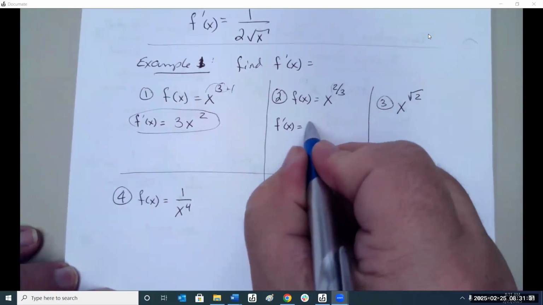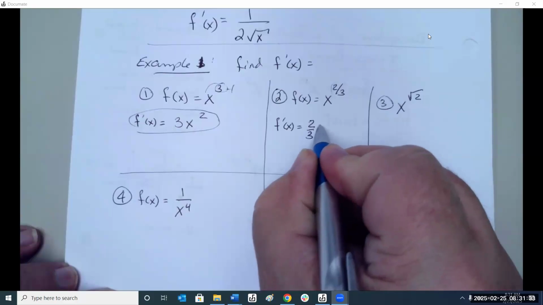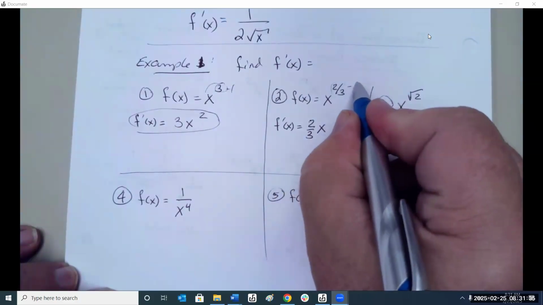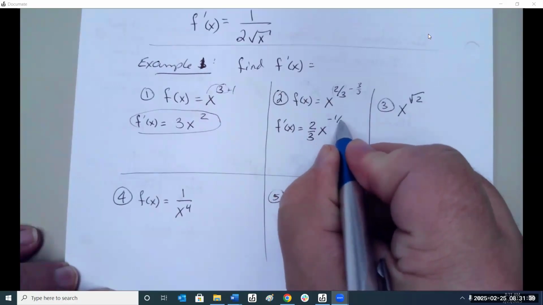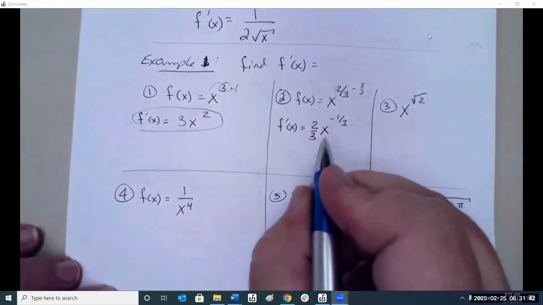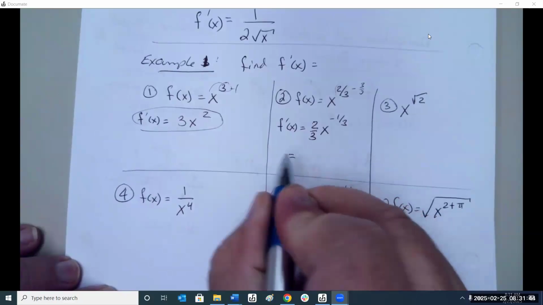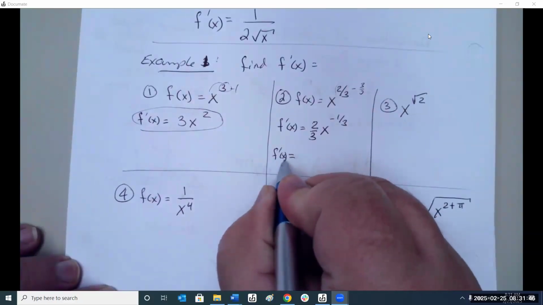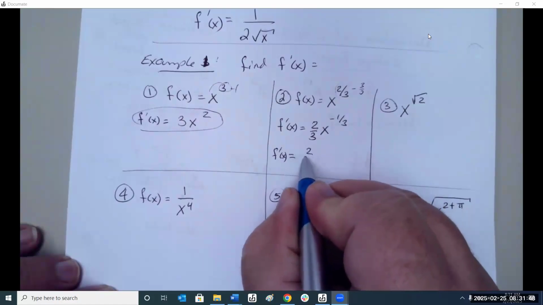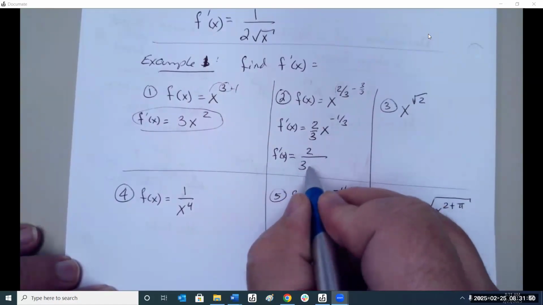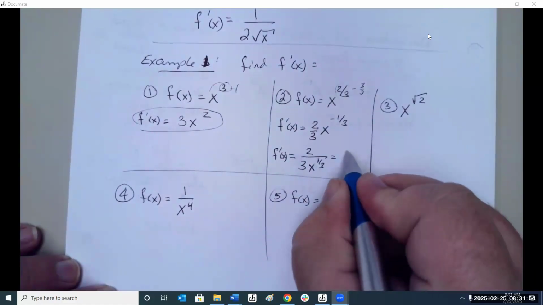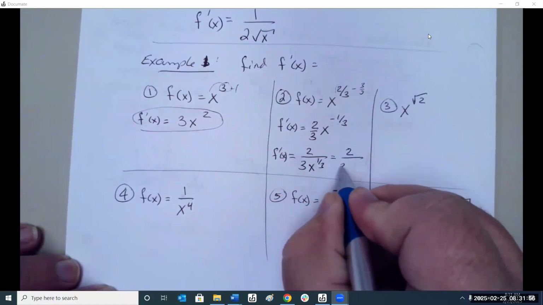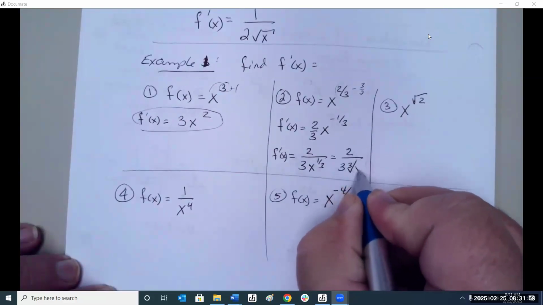Bring the power down and subtract 1, which is 3 over 3, which makes it negative 1 over 3. So we have 2 over 3x to the power 1/3, which is 2 over 3 times the cube root of x.